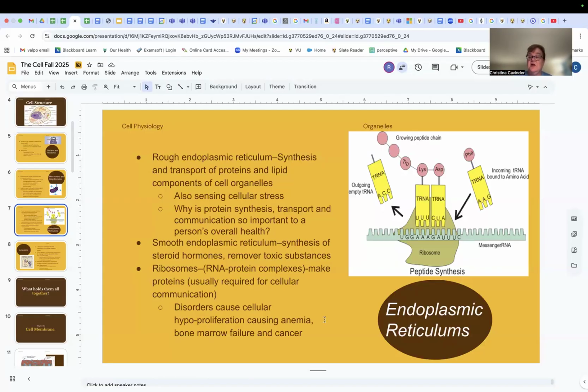So those cells are making the wrong protein and causing different kinds of disorders. The smooth endoplasmic reticulum is where we synthesize steroid hormones or we remove toxic substances. So they don't have the ribosomes like the rough endoplasmic reticulum.